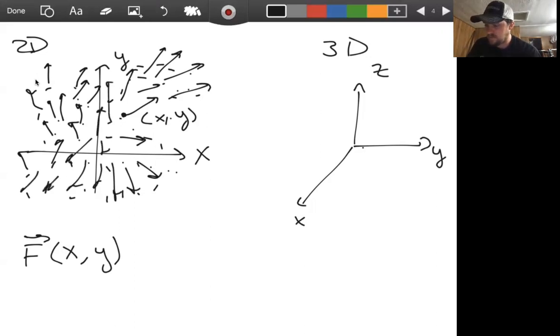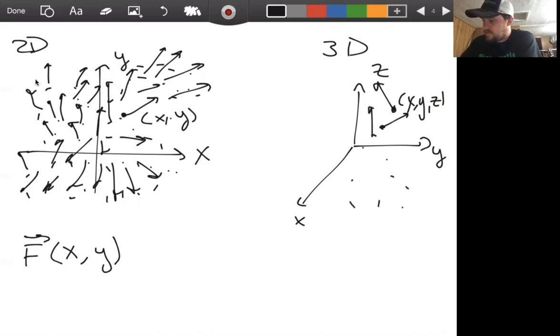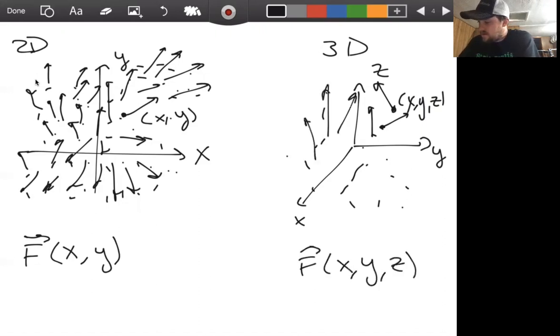And so the ideas are analogous between all of the dimensions. It's just that there are more dimensions, right? So you pick a point x, y, z, and then there's some vector in 3D space, right? And based on some vector field, let's say this one's f of x, y, z, you then have all these vectors doing whatever, right?